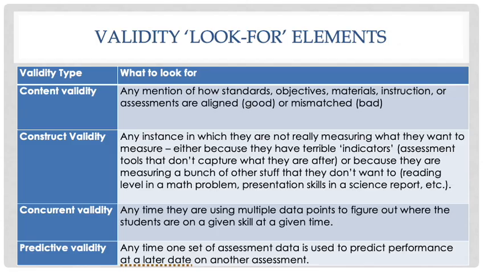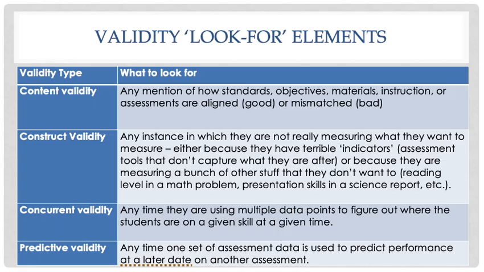When we talk about alignment or things get changed and there's a mismatch, that's a content validity thing. If we talk about construct validity, any instance where you're measuring other stuff can be problematic. So that's where we think about constructs. So again, creativity, spelling, neatness, reading ability, all that stuff.